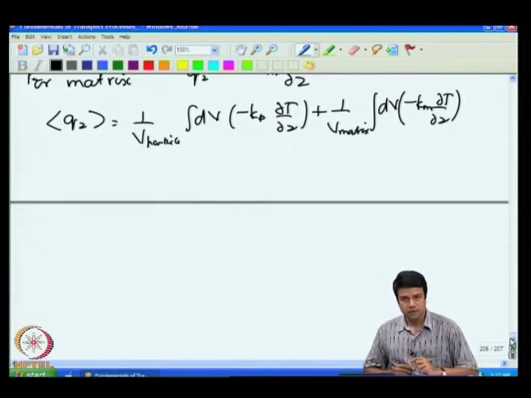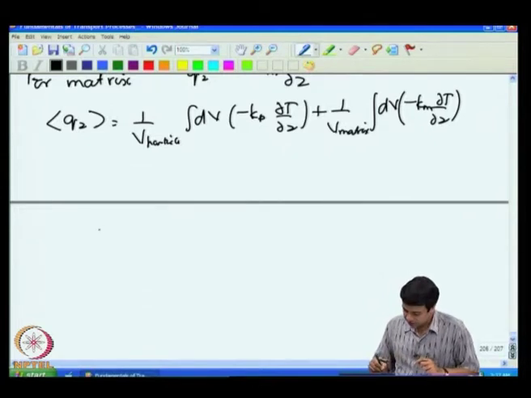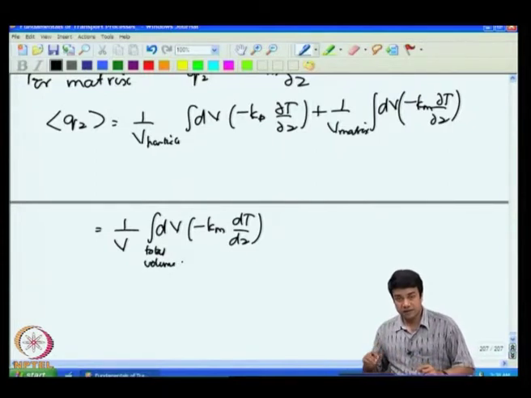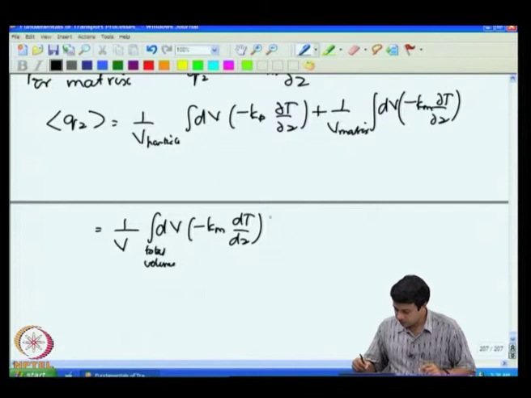Rather than do it this way, it is more convenient to write this as 1 over the total volume, where I have used the matrix conductivity for the total volume, plus a contribution which is basically the disturbance over the particles.